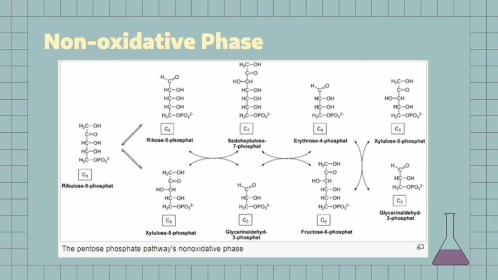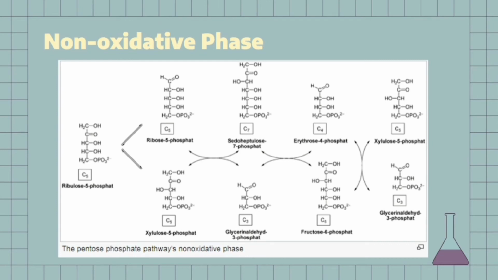What the transketolase enzyme does is take 2 carbon groups from the xylulose 5-phosphate and transfer them to the ribose 5-phosphate, so that the ribose 5-phosphate will be extended by 2 carbon groups, and that is now what we call sedoheptulose 7-phosphate.